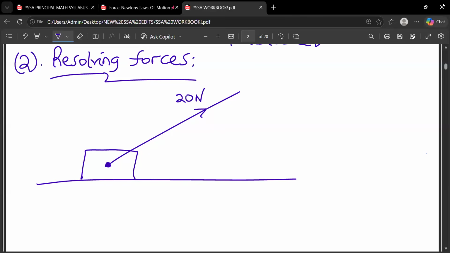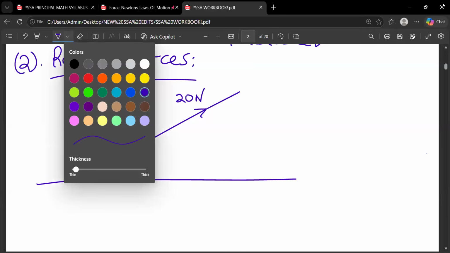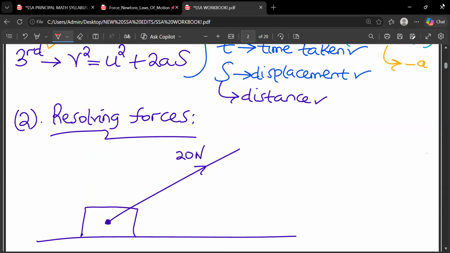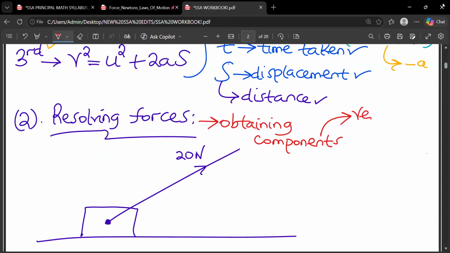Then what they call resolving forces is getting two components. So when they say resolving forces, understand that what we are doing is obtaining components. That is the first thing you're supposed to note. So we are going to come here and say that here we are obtaining components. And what are those components? We have the vertical component, very key, and the horizontal component.